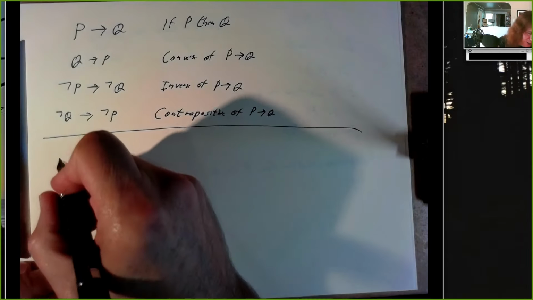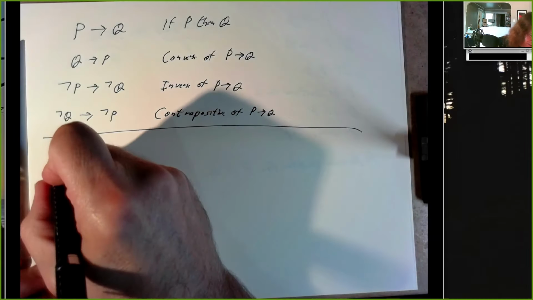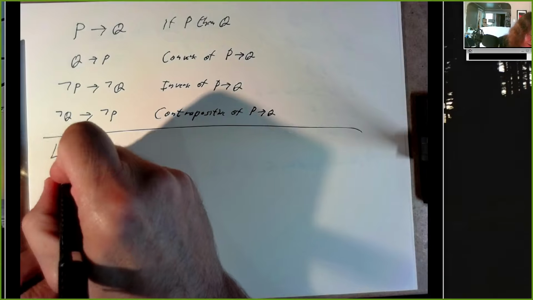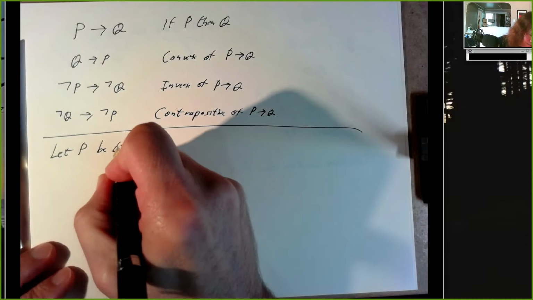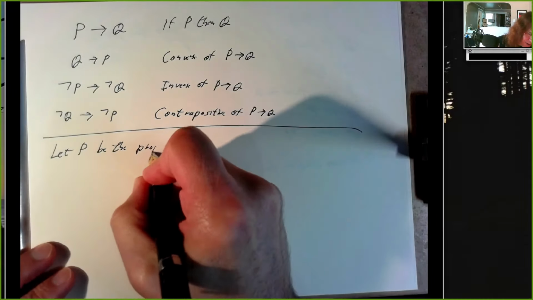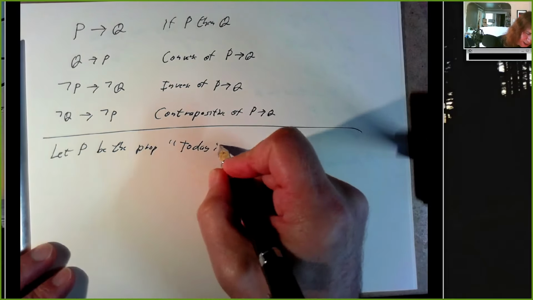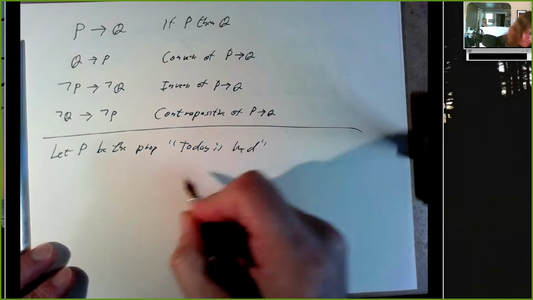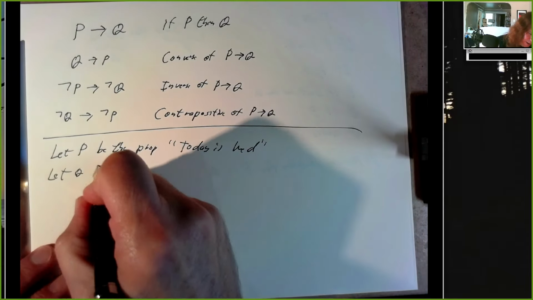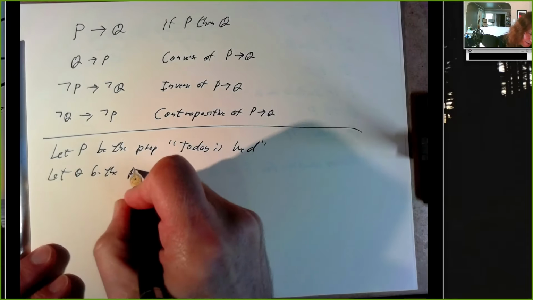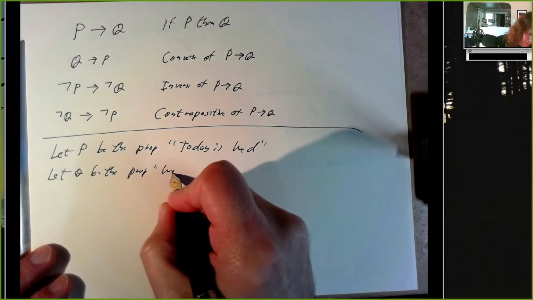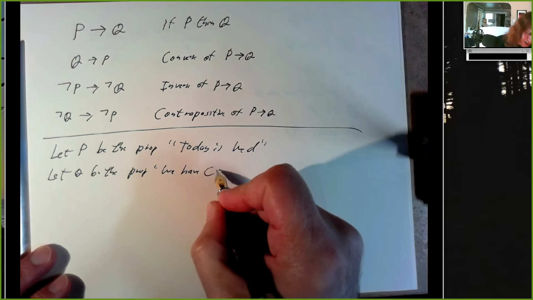So let's look at some examples of this, and I'll use reasonable sounding propositions for this. Let P be the proposition, today is Wednesday. Let Q be the proposition, we have class today.